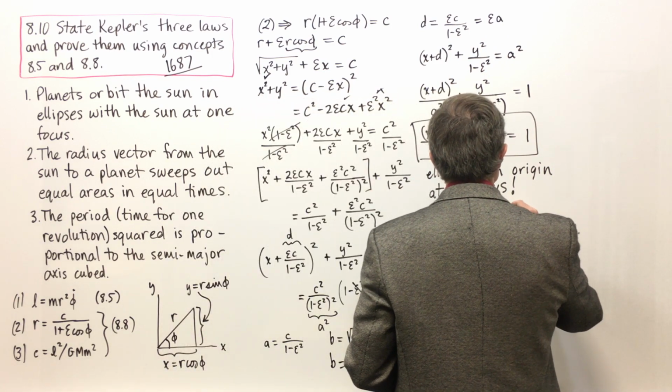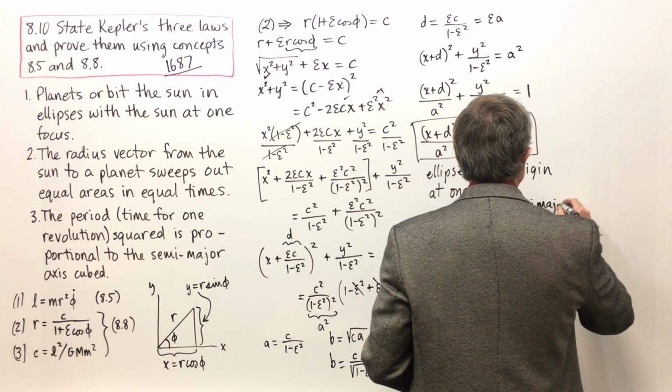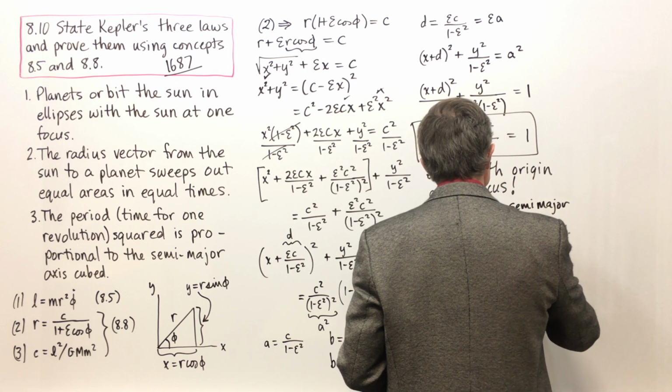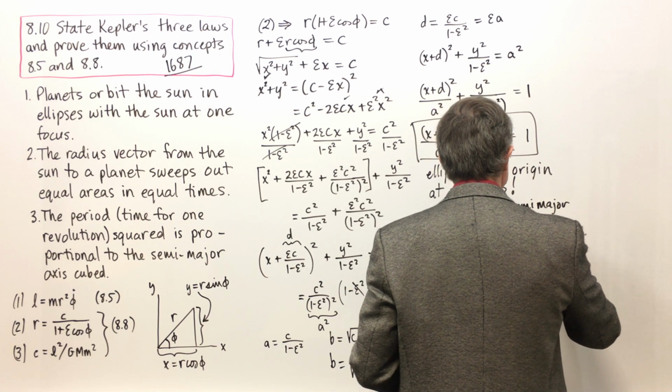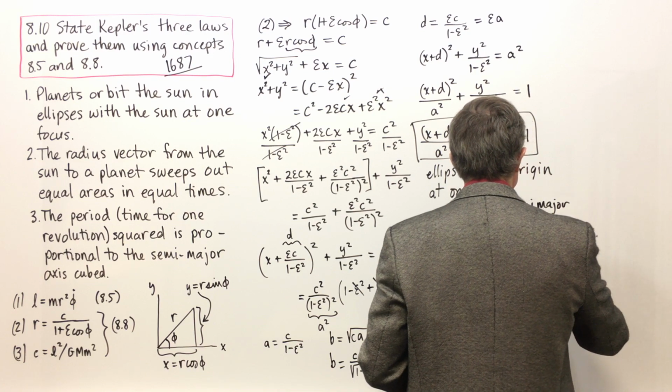So a here is called the semimajor axis. b is called the semi-minor axis.